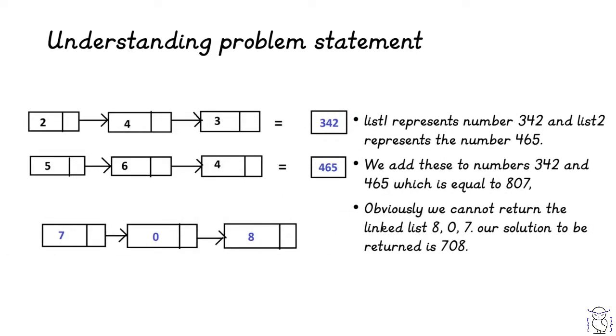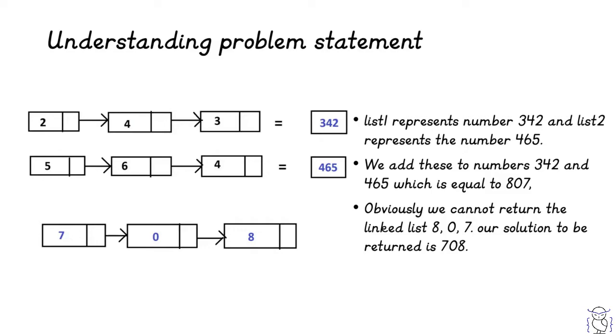We are given two linked lists where list 1 starts with 2, then 4 and ends with 3, but represented as 3, 4, 2. And the second linked list, list 2, starts with 5, then 6 and ends with 4, and represents the number 4, 6, 5.